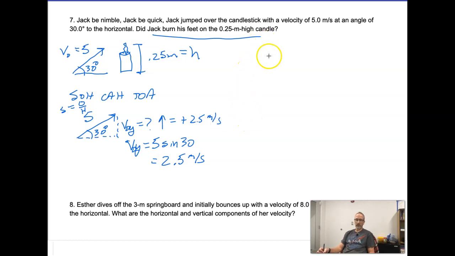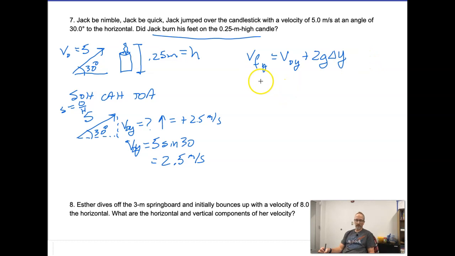So let's think about an equation that would help us find the change in height. That equation is actually the third kinematic equation. The final speed in the y squared is equal to the original speed in the y squared plus 2 times gravity times the change in height, so that's delta y.